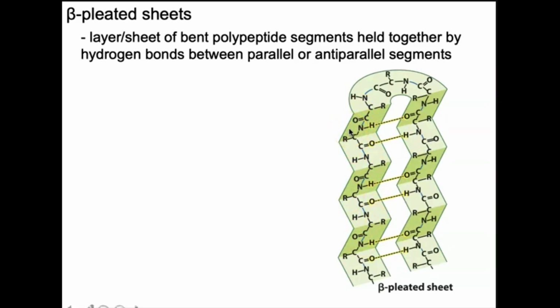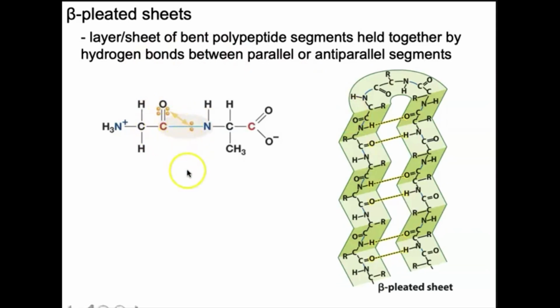So why is it pleated? What causes that bending? It's the same thing that causes the ribbon shape in the alpha helix. It's that double bond character of the peptide bond. So it's planar, there's no rotation around that bond, and that's what causes these pleats to form.